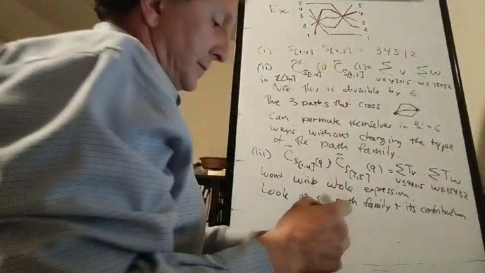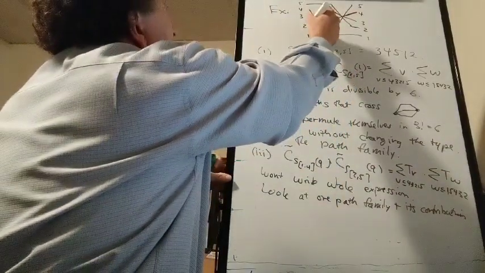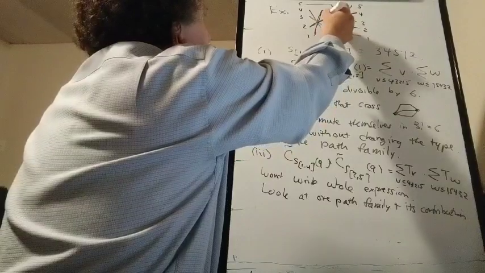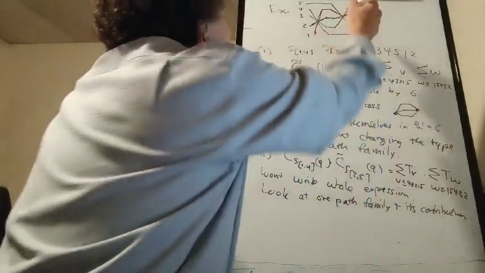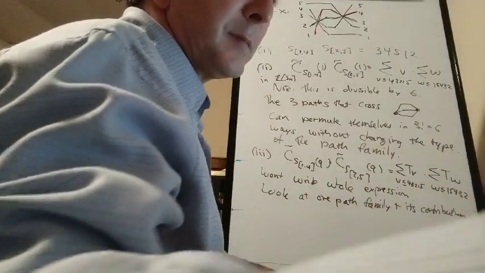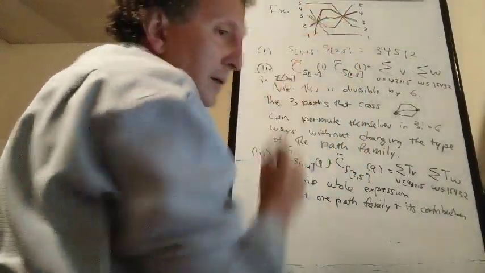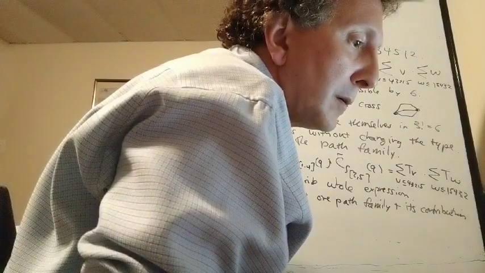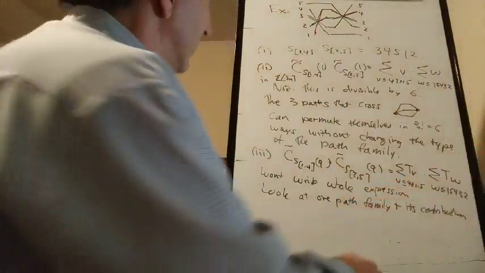sink 4. And then let's let the next path take the middle here and then end up at sink 3. And let's let the next path, well, actually I wanted the green one to go below in the middle.